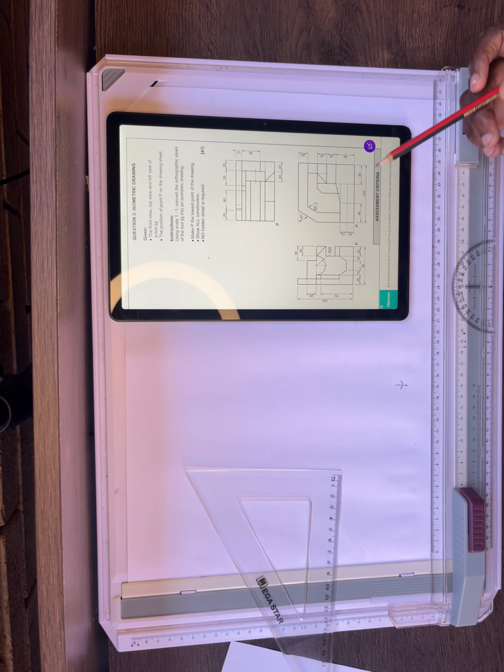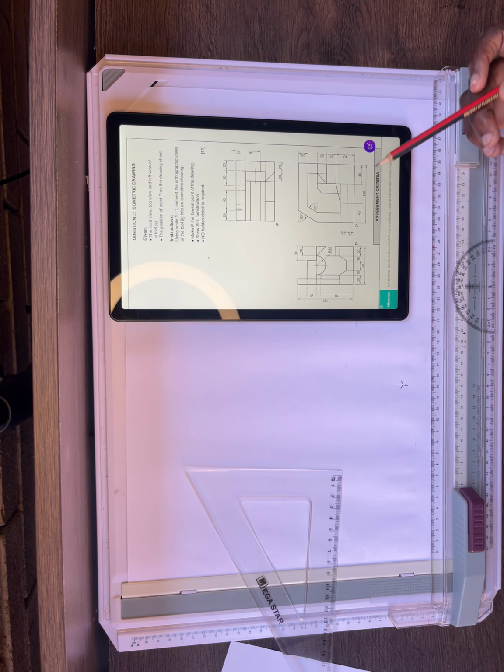Then can we draw this line? No, we cannot for now, but we have to start in this direction instead. Then measure 30. We should start from here to here.